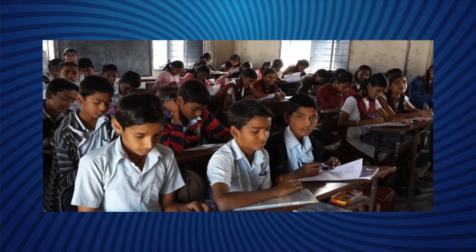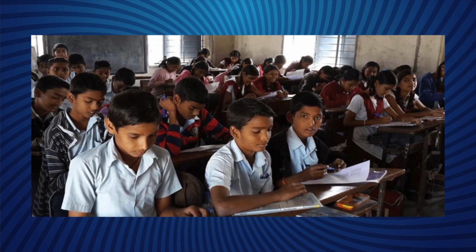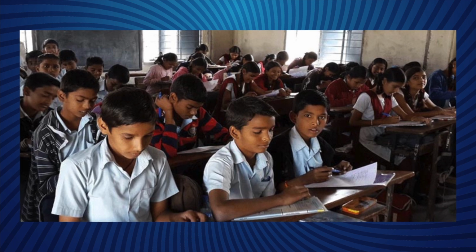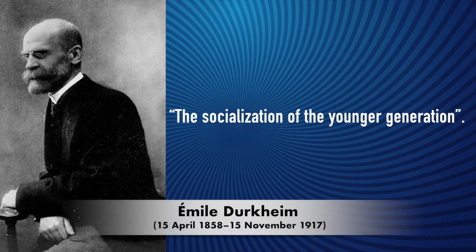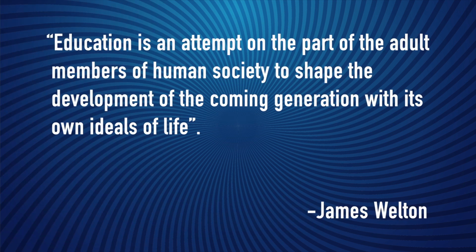Now let us discuss education and social change. Education is one of the intervening variables in the phenomena of social change. Durkheim conceives of education as the socialization of the younger generation.